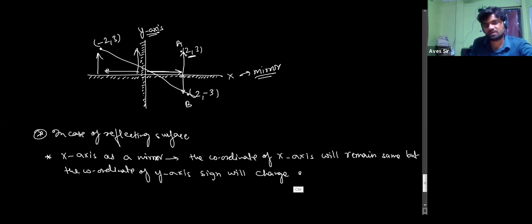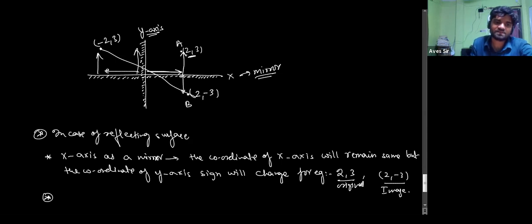For example, if I'm considering 2 comma 3 as the original coordinate, then 2 comma minus 3 will be the image coordinate.